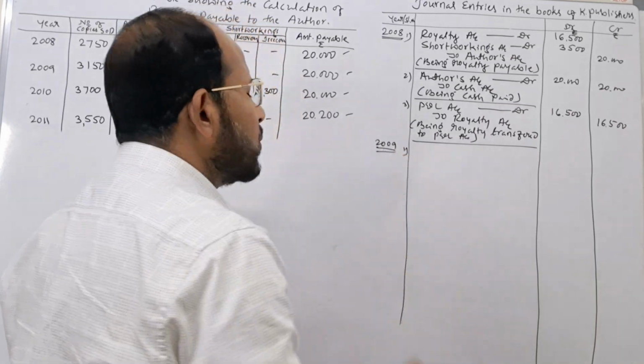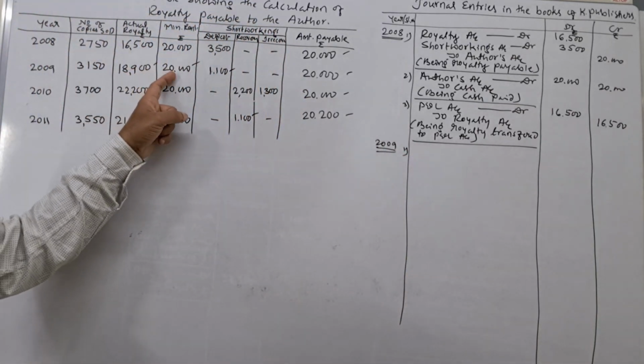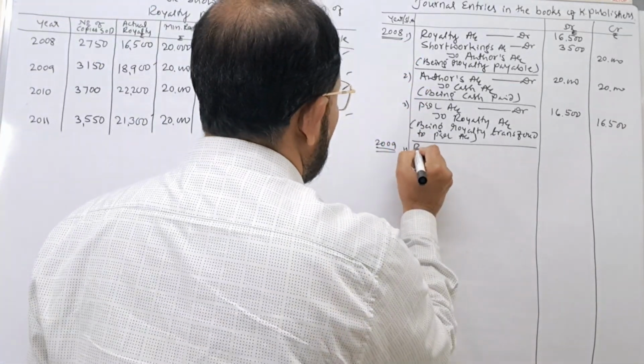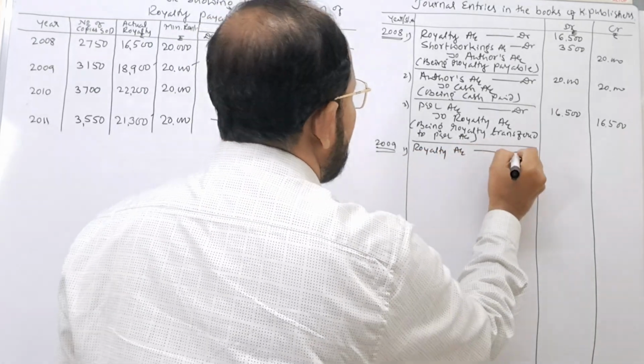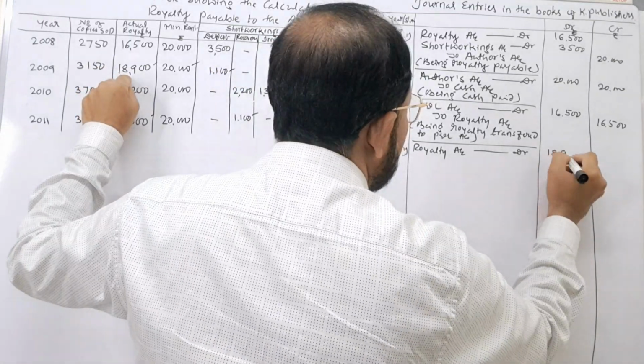Now in the year 2009, again actual royalty is less than the minimum rent. Again short working account will come. Whenever the royalty is payable, the same entry we need to pass here. Royalty account is debited with the amount of actual royalty 18,900.